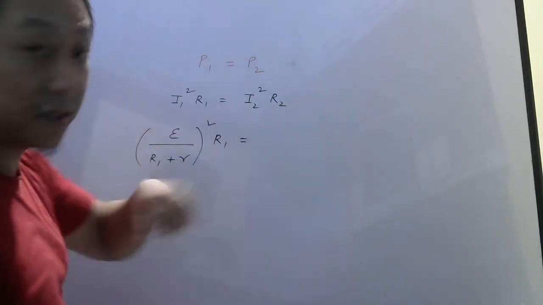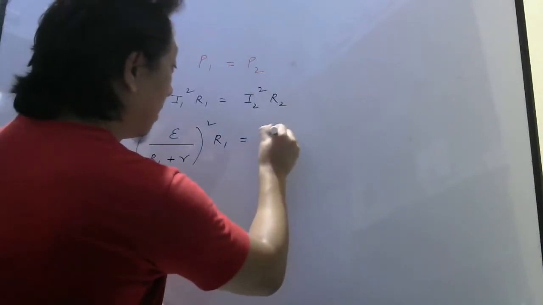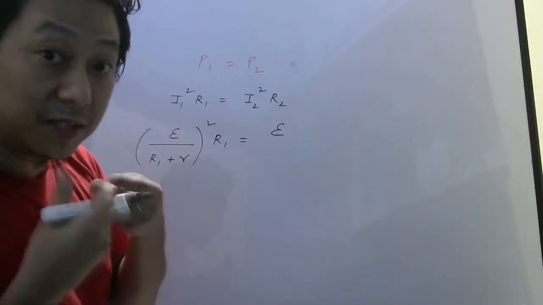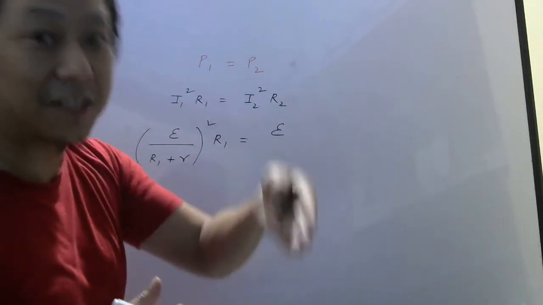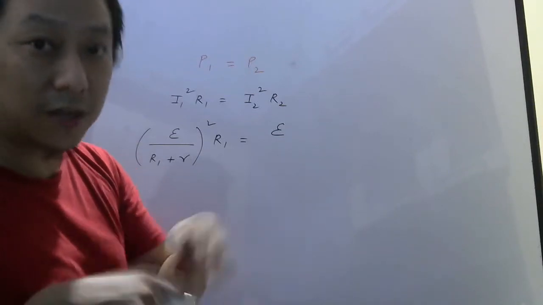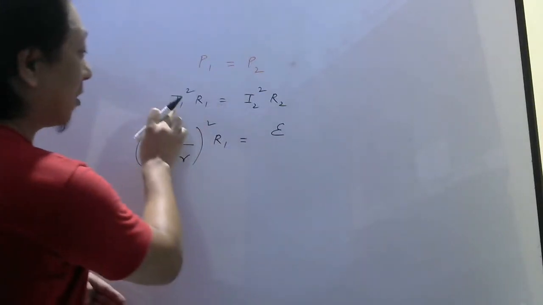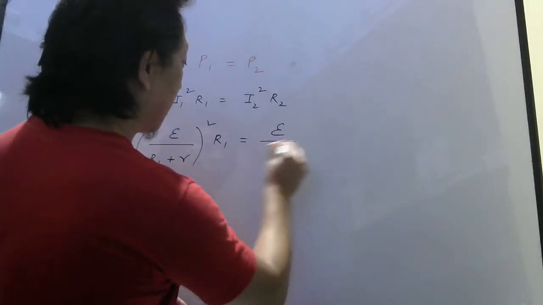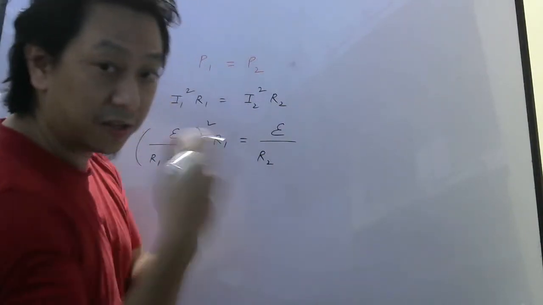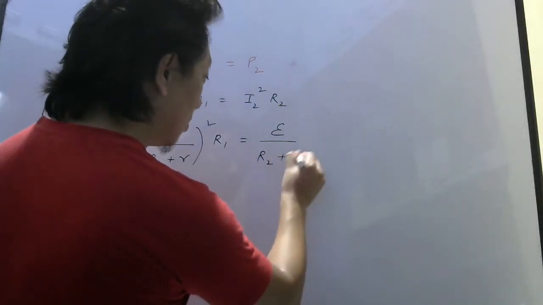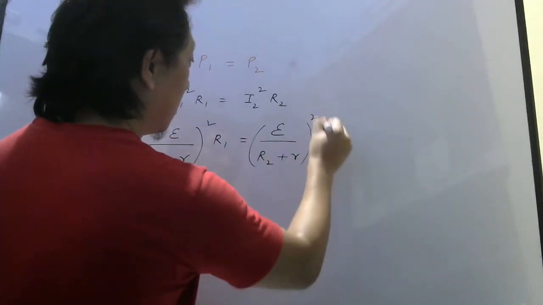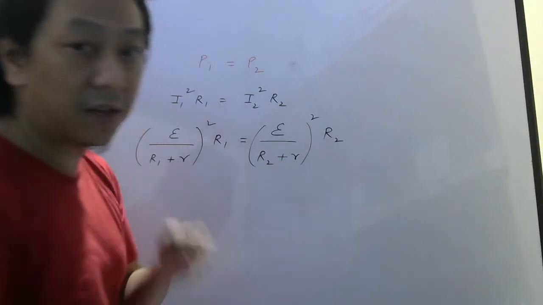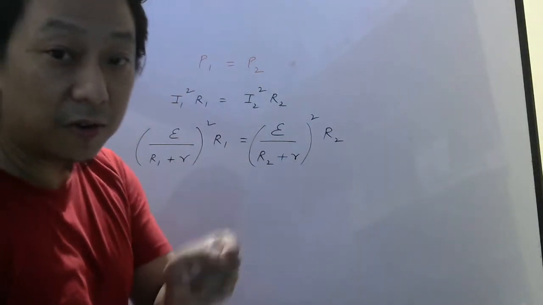And current in the second case will be how much? EMF of the cell will be same, because the same cell they are using, only the external resistance they have changed. So current will obviously change. So that's why I wrote current here I1, here I2. So EMF is same, external resistance is R2 in the second case, internal resistance also will be same. Many times I have told you EMF and internal resistance depend only on the cell.